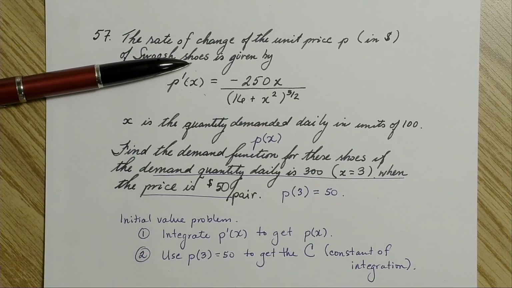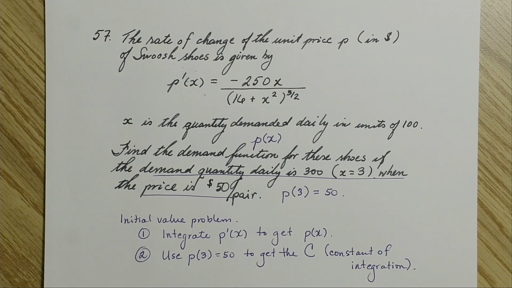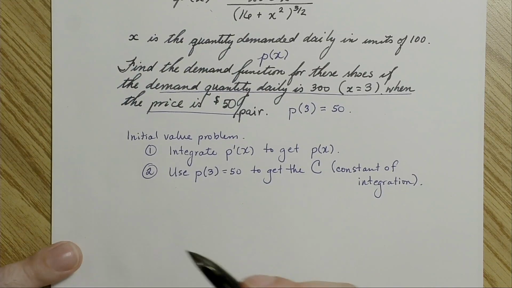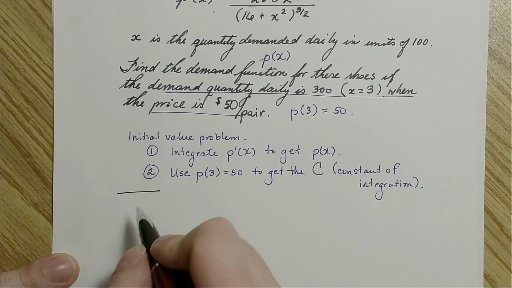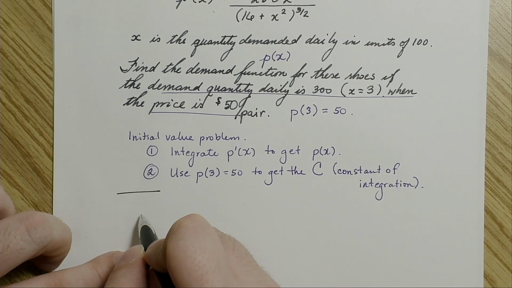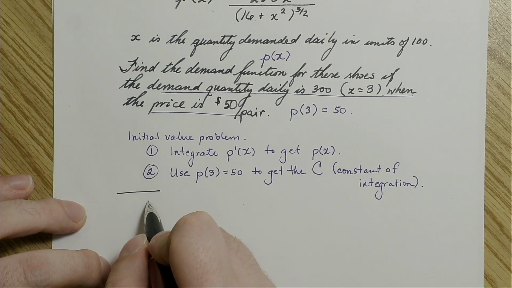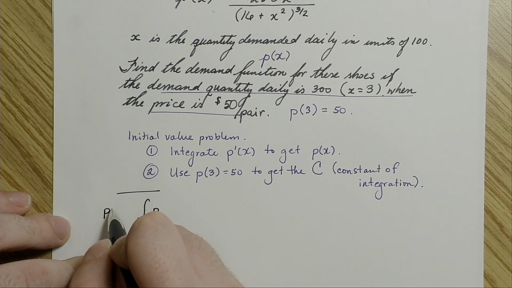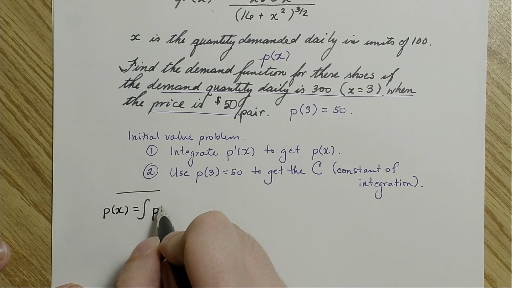And that's an ugly derivative that we're going to have to integrate, but of course we're going to use what we learned today to integrate that. So what I need to do is integrate that. So p of x is equal to the integral of the derivative.